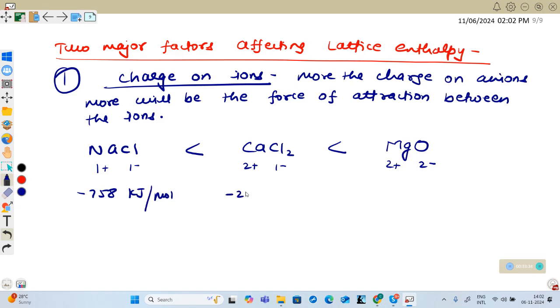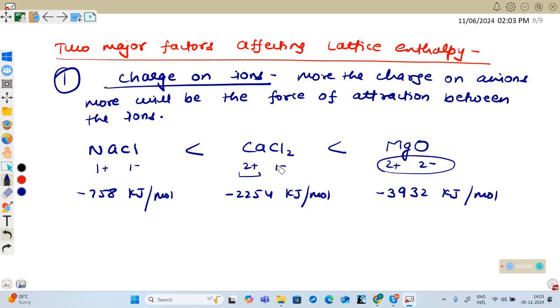This is minus 2254 kilojoule. This much energy is released when 1 mole of calcium chloride forms a crystal lattice. This is minus 3932 kilojoule per mole. Here both cation and anion have greater charge. Here only the cation has more charge. The anion has 1 unit negative charge. Here it is 1 plus and 1 minus. So do you see? The more the charge, the more the energy released, or the greater the lattice enthalpy.